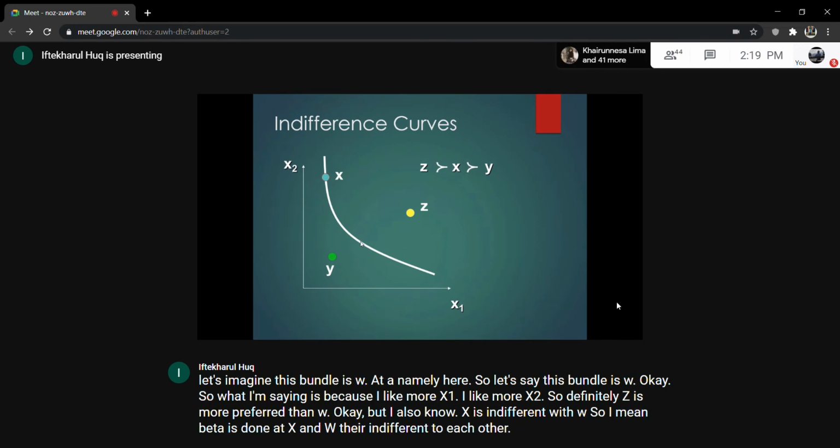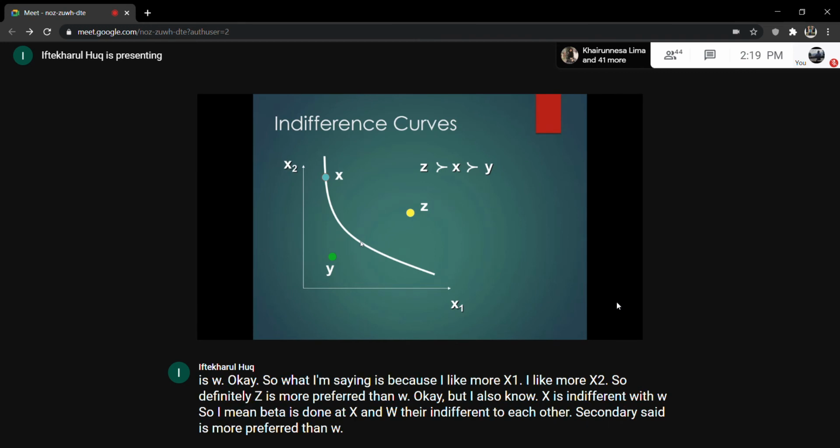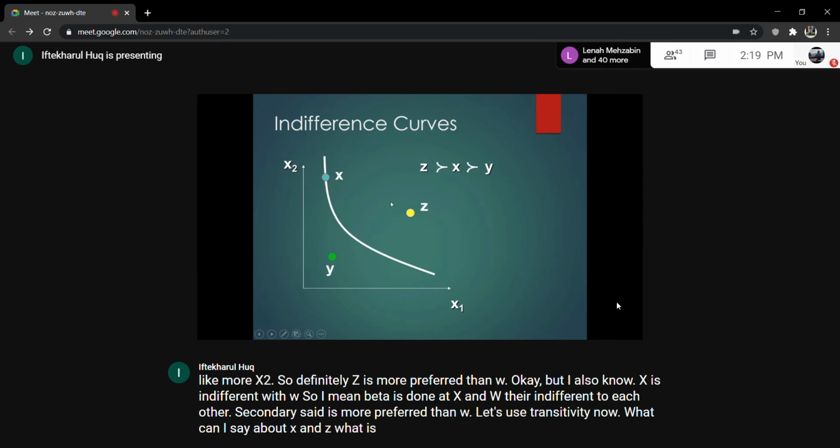Second, আমি আরেকটা জানি, Z is more preferred than W. Let's use transitivity now. What can I say about X and Z? What is transitivity saying? কোনটা more preferred হবে?